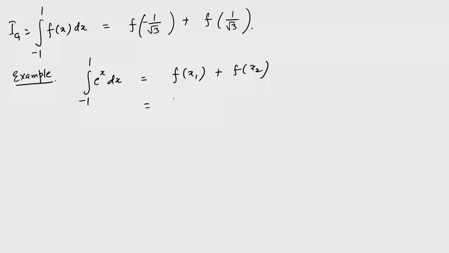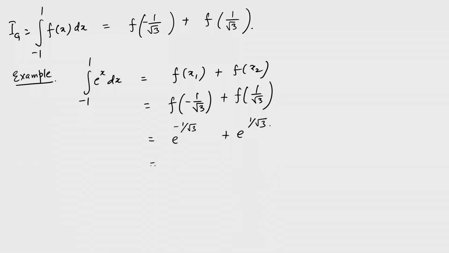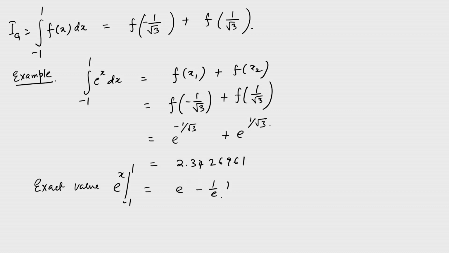So, this is like f of minus 1 over root 3 plus f of plus 1 over root 3, which is exponential of minus 1 by root 3 plus exponential of plus 1 over root 3, and this is equal to 2.3426961. That's the numerical value, and the exact value you can check by calculating the integral, which is e minus 1 over e and so on.